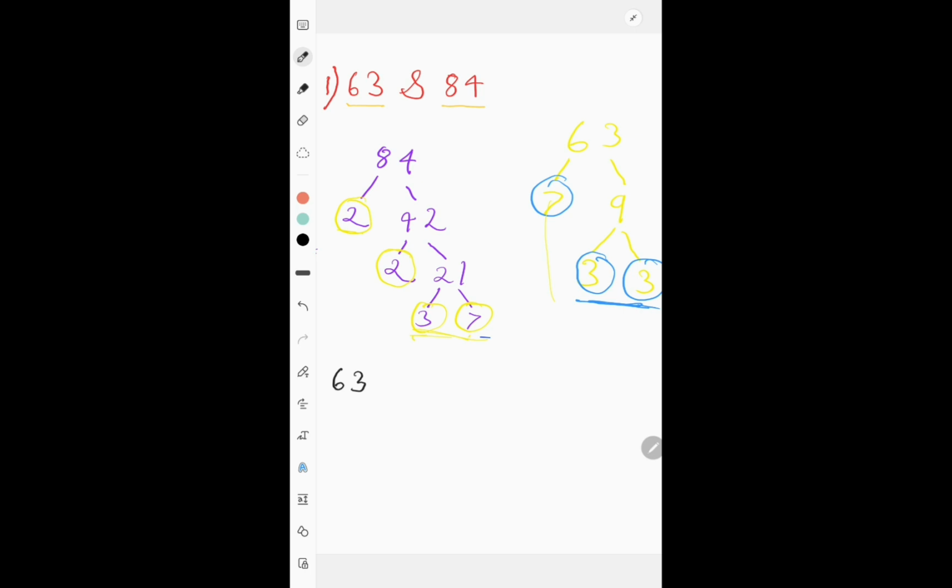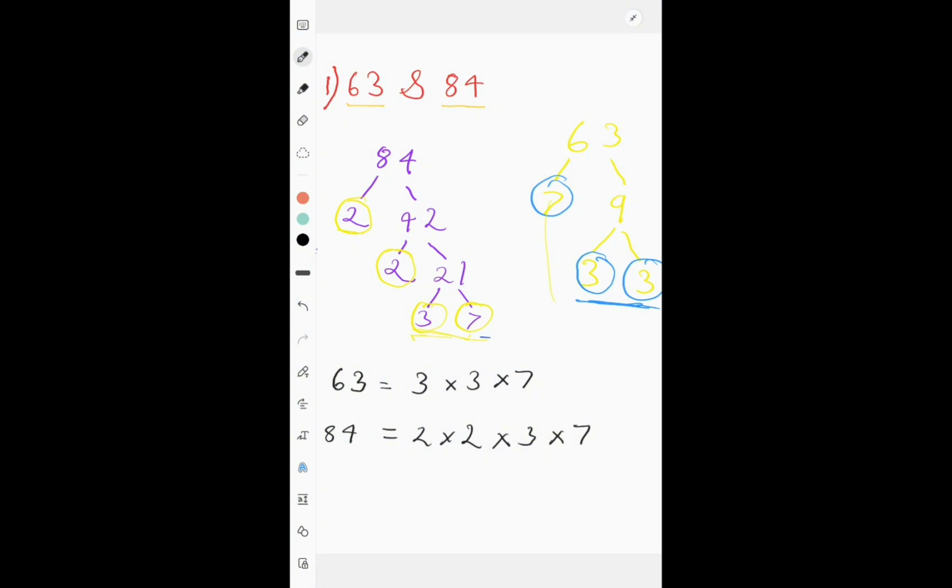So as far as 63, we have 3, 3, and 7. 3 times 3 times 7 equals 63. For 84, we have 2, 2, 3, and 7. 2 times 2 times 3 times 7 equals 84.